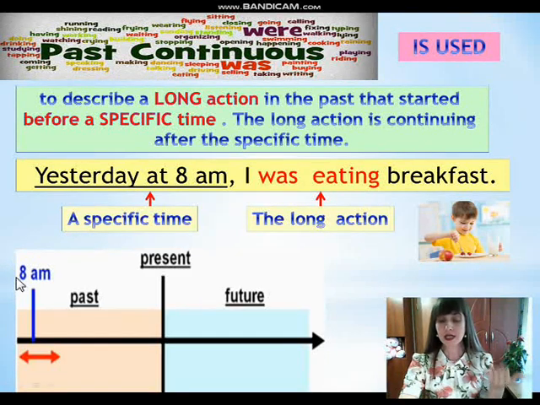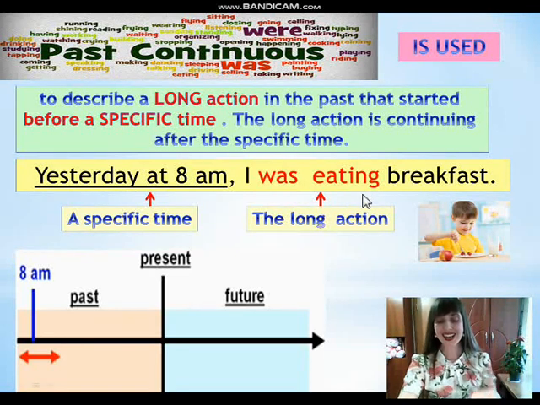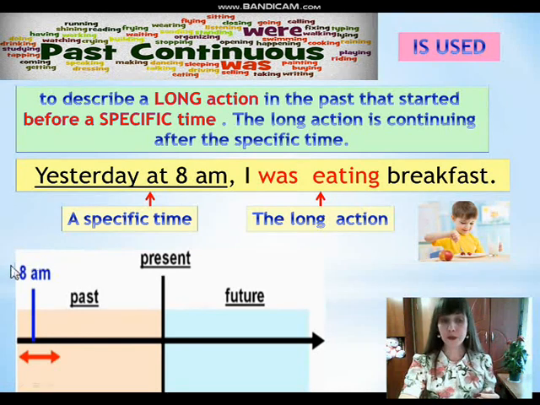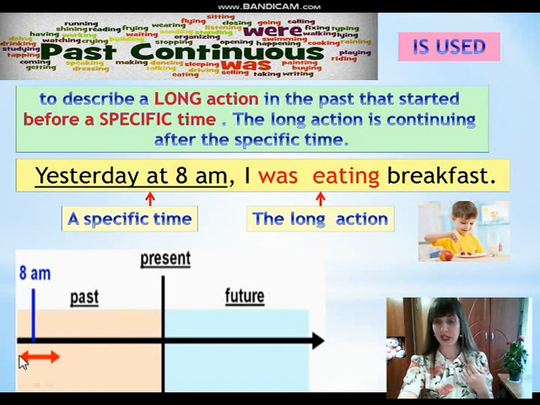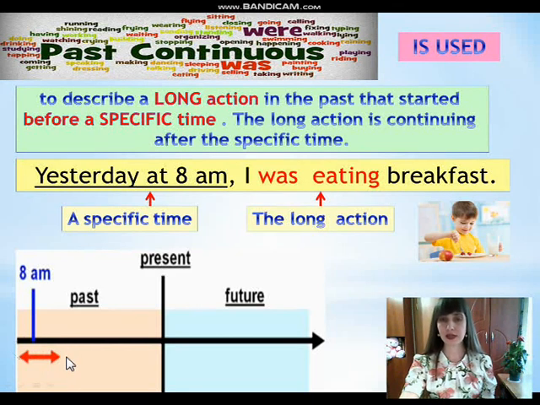And here is the long action. You see this red line. This is a long action. I was eating. So I start to eat before 8 o'clock and I finish eating after 8 o'clock. The long action in the past.